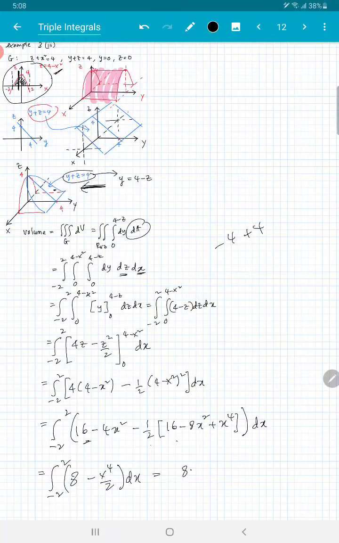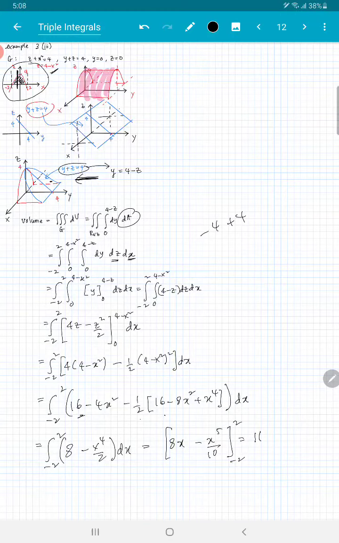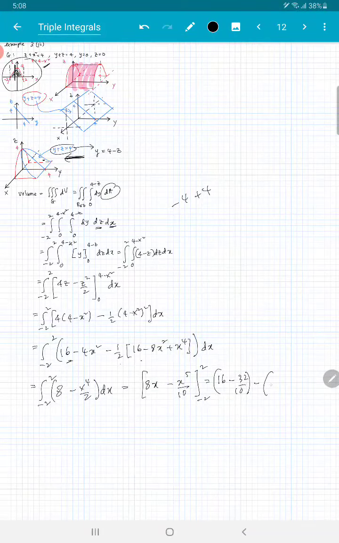That will give us 8x minus x to the power 5 over 10. Replacing x with upper and lower limits. When x is 2, we have 16 minus 32 over 10, minus the lower limit, negative 16 plus 32 over 10.